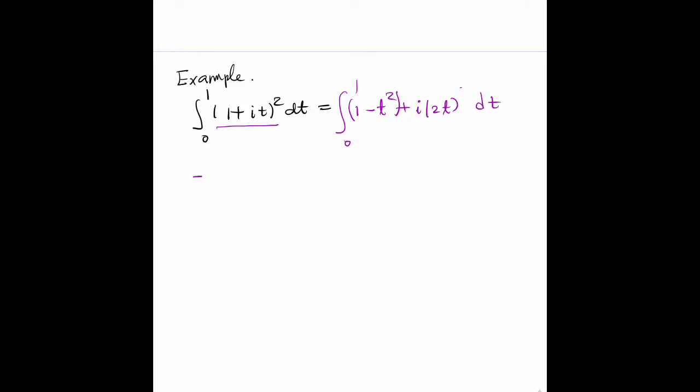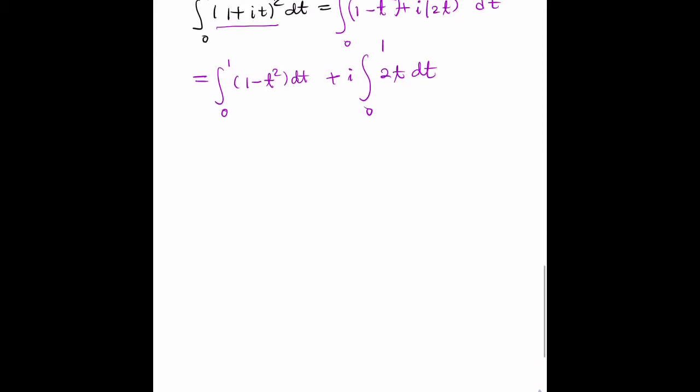And then by definition, this is the integral from 0 to 1 of 1 minus t squared dt plus i times the integral from 0 to 1 of 2t dt, right? Okay, so this is easy for you. So t minus 1/3 t cubed from 0 to 1, and then t squared from 0 to 1.